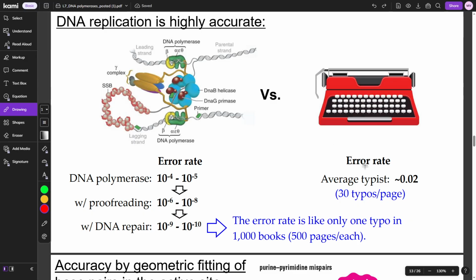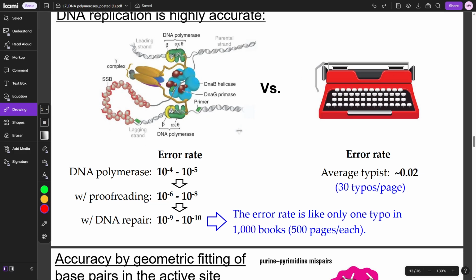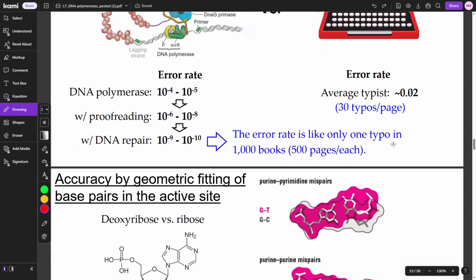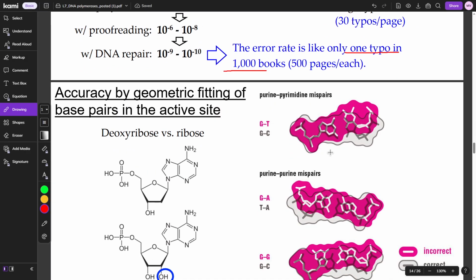It's very important that there are not very many errors, because the more errors there are, the more likely you are to get some sort of health complication, some sort of mutation that could be detrimental for life. To put it in perspective, the error rate is like only one typo in 1,000 books. So there are very few errors.